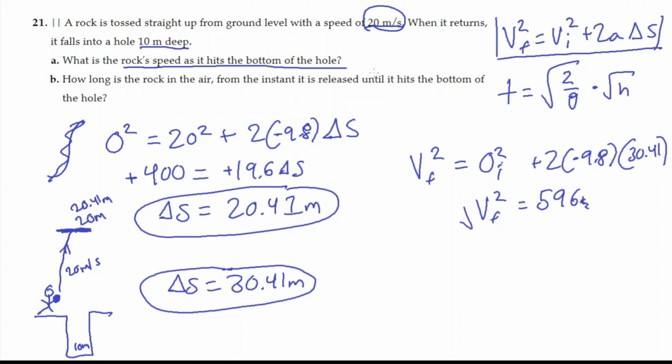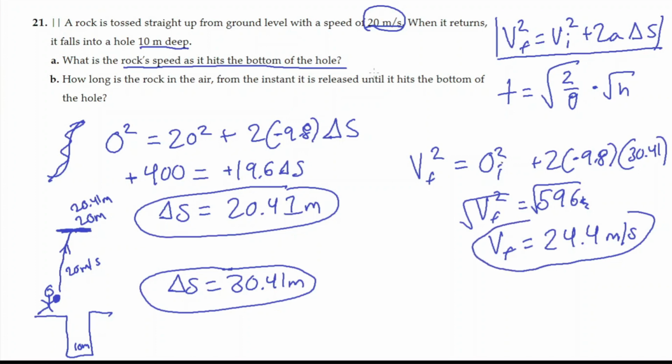Now we just square root both sides, and we get v final equal to 24.4 meters per second. And that is the rock's speed as it hits the bottom of the hole. Now we want to figure out how long the rock is in the air from the instant it is released until it hits the bottom of the hole.